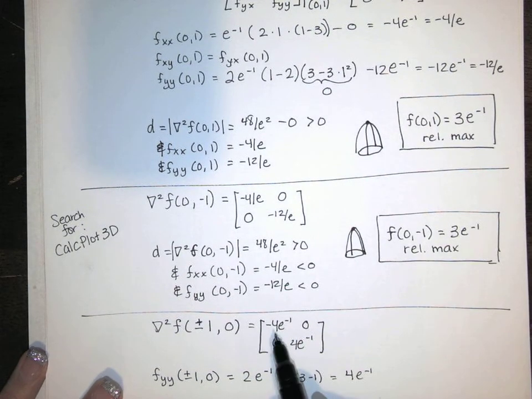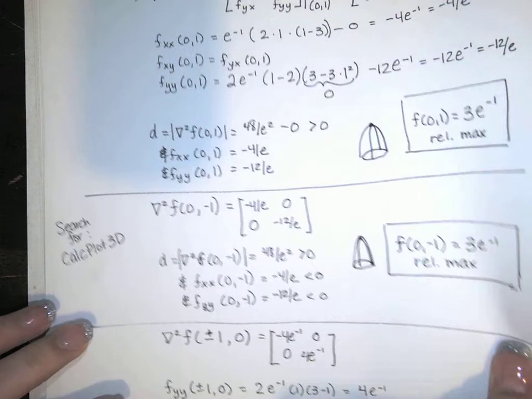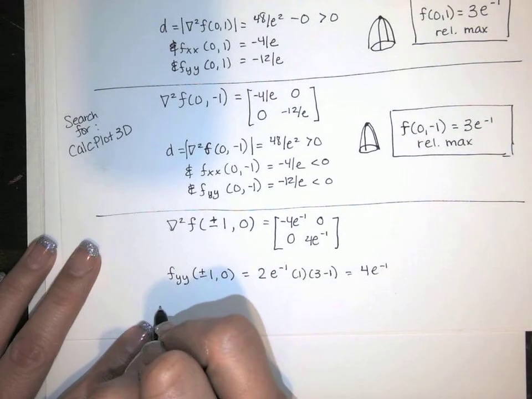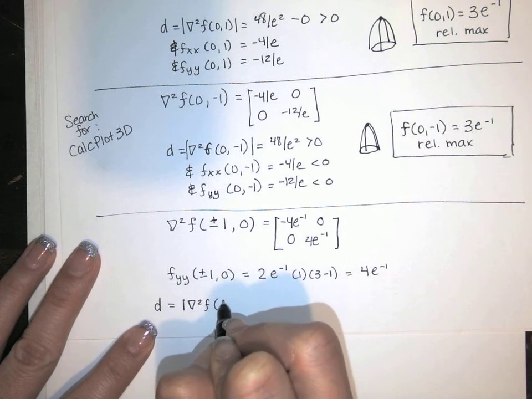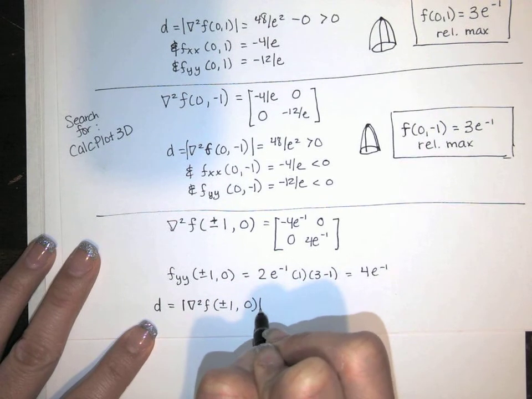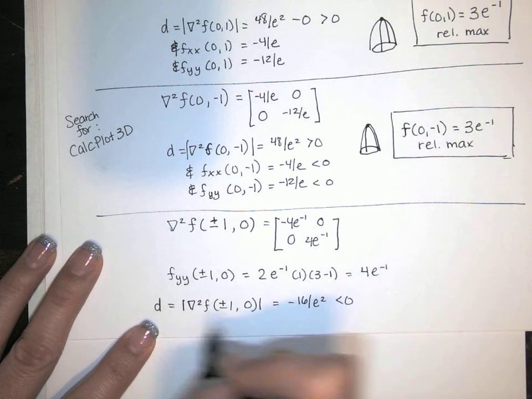Ooh, notice that. Concave down in the x direction and concave up in the y direction. So I think we're going to have saddle points, guys. The determinant at these points is negative 16 over e squared. That's negative.